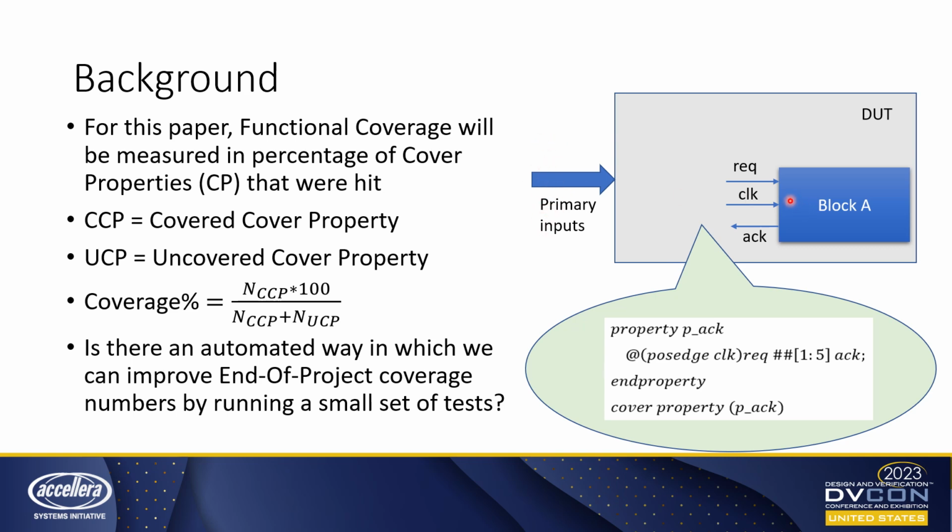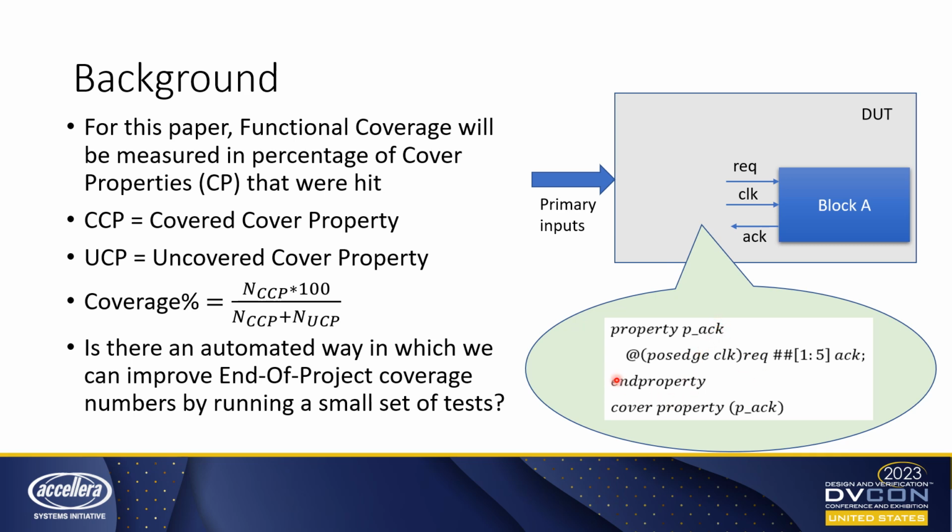The designers are interested to see if we exercise a condition where, when the request was asserted, 5 clocks from the request assertion, the ack came back within 1 to 5 clocks. If that's the property that we want to see getting covered, then this is the syntax to code that up. And once you code the cover property up, if after running a bunch of tests that condition was hit, then we will get to know it.